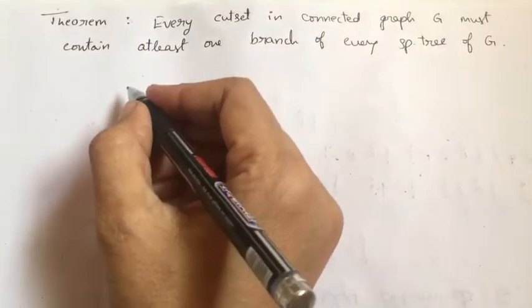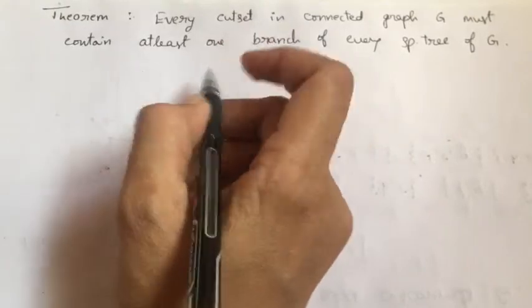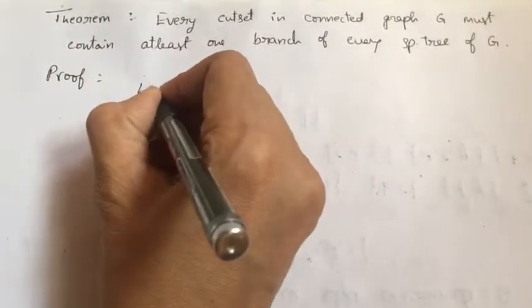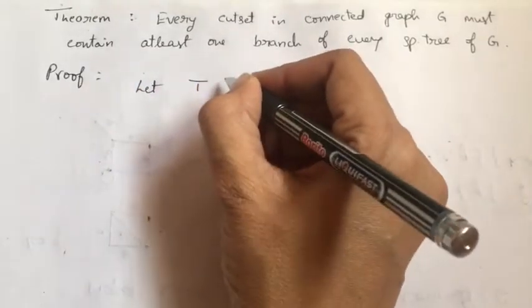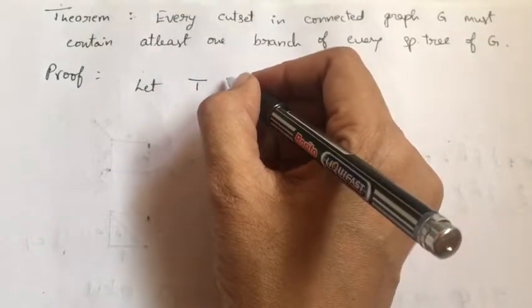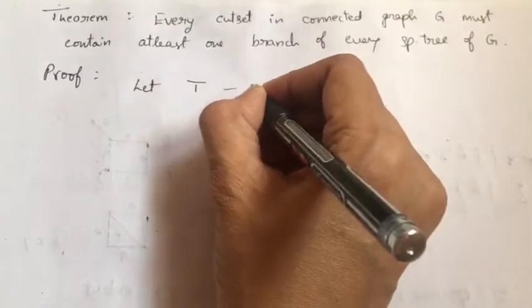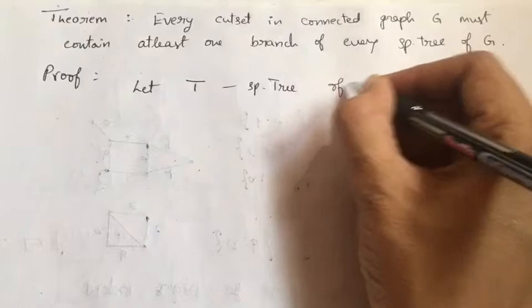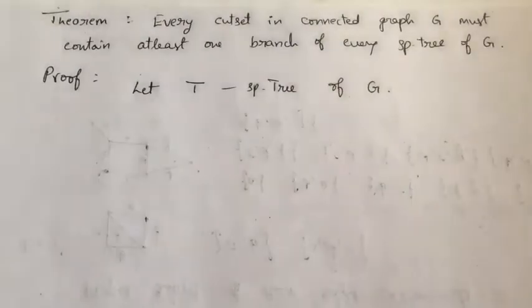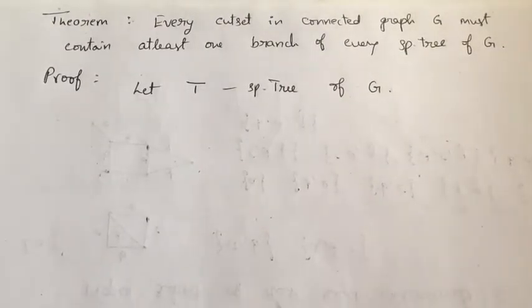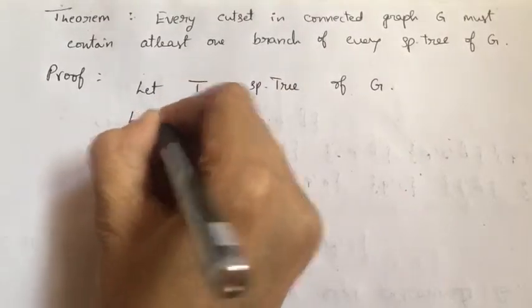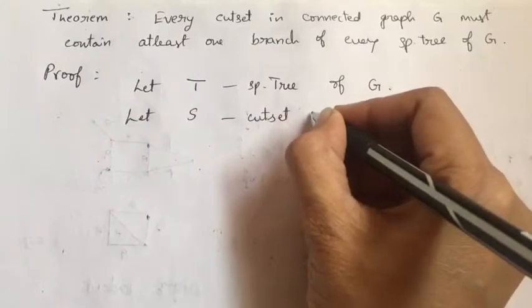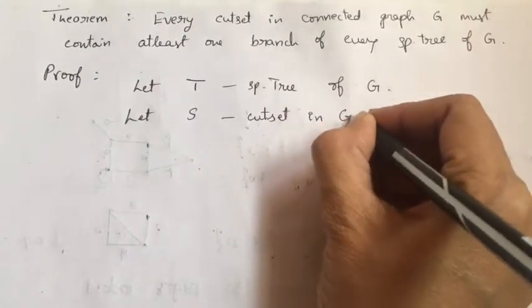Now consider a spanning tree in a connected graph G. Let T be a spanning tree in a connected graph G. Now let S be any cut set in G.